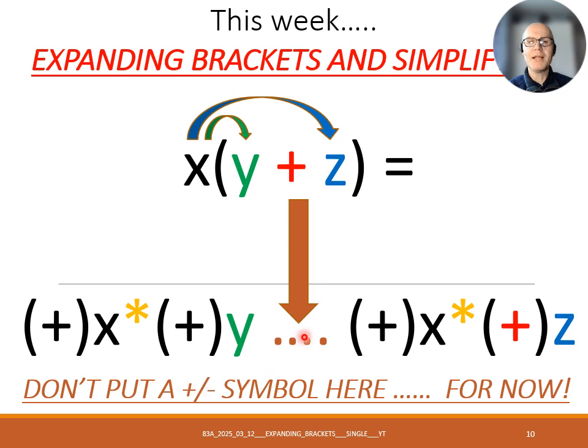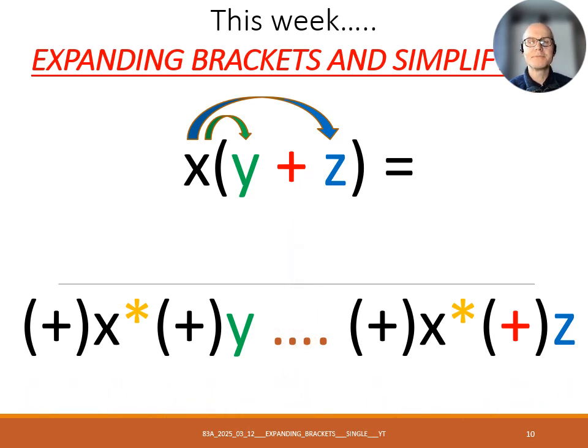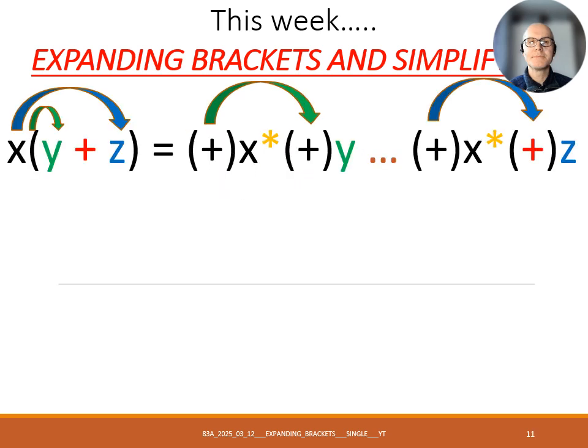Don't put a plus or a minus function sign in between these two parts yet. Leave that until the end. So we have positive x times positive y and positive x times positive z.